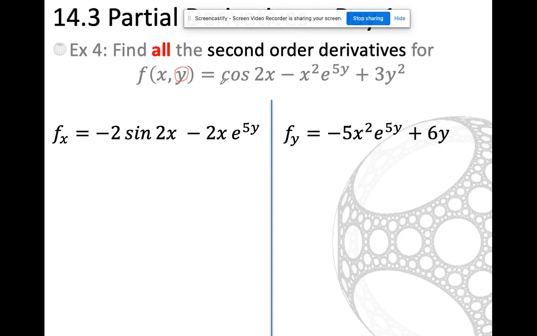So this first term had no y's in it, so the derivative of cosine is negative sine, but I had to use the chain rule with the 2. Here, e to the 5y is just a constant. How do you take the derivative of x squared? 2x to the first times the constant. And then this is just a constant. 3y squared is a constant, so its derivative was 0.